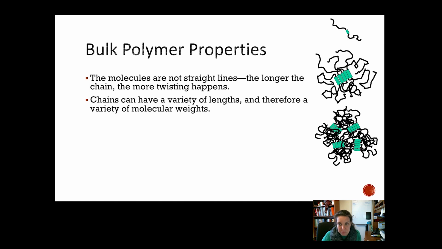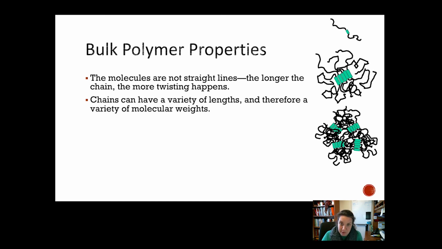Now, if we have greater lengths of chain, we will usually have a variety of molecular weights. If you're starting off small, you might get less variety within your molecular weights, but the longer the chain, the more variety you will have. All of them will have variety in their chain lengths because the synthesis of these polymers is not perfect.